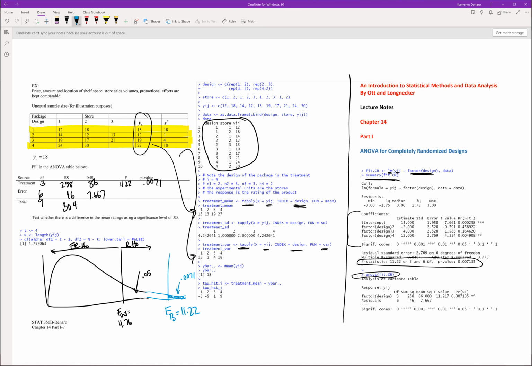The difference between 15 and 13 most likely isn't practically significant. Whether or not it's statistically significant is a different story, but overall, when I see these treatment means, I see that I am looking at the package design possibly influencing the rating of the product.